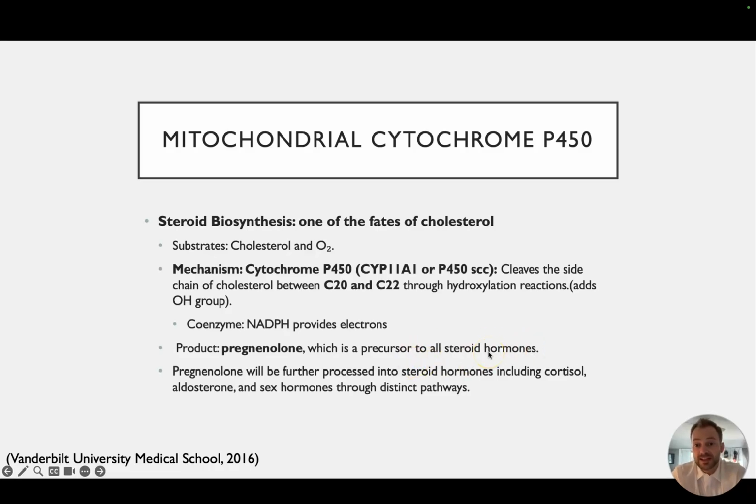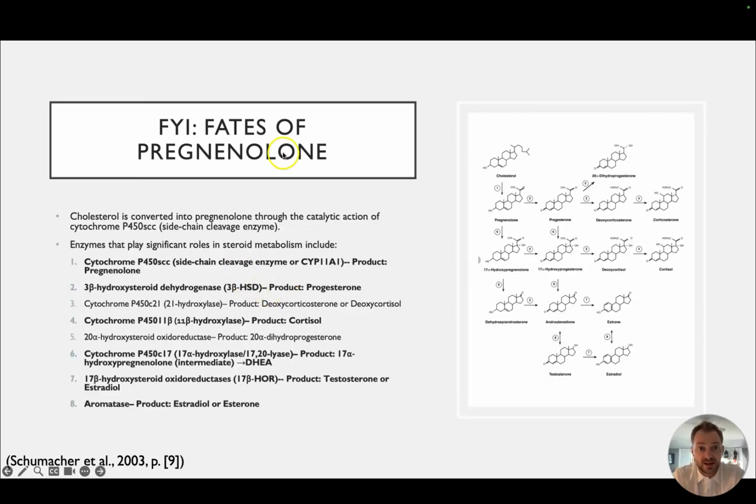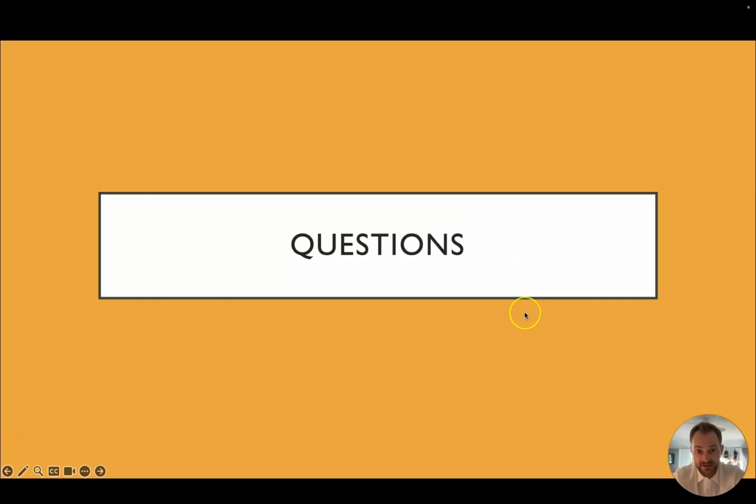This P450 enzyme is responsible for the synthesis of every single steroid hormone in our body. And on top of that, the cholesterol used to create these steroid hormones is also produced from oxidation reduction pathways. There are many different fates of pregnenolone, namely creation of progesterone, cortisol, DHEA, or testosterone and estrogen.